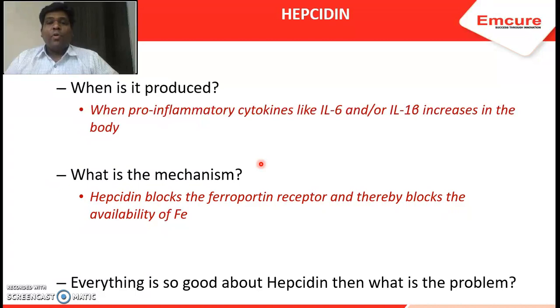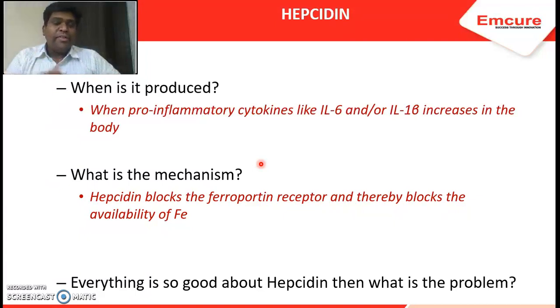Ferroportin regulates the entry of iron from the cells into the blood plasma. So if these ferroportin receptors are blocked for any reason, then the iron from the cells will not go inside the plasma. So iron will start accumulating inside the cells itself.